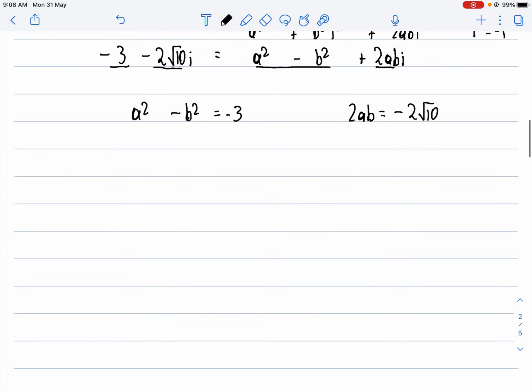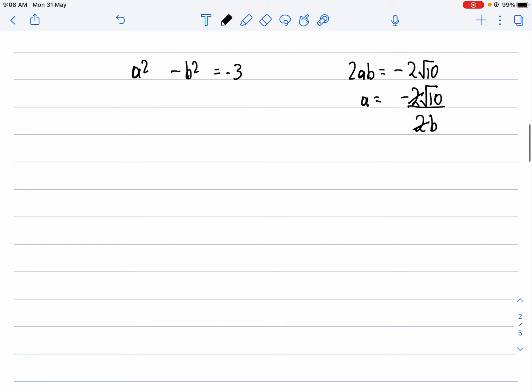Now I can write a equals minus 2 root 10 over 2b, where I can cancel 2 and 2 to get a equals minus root 10 over b.